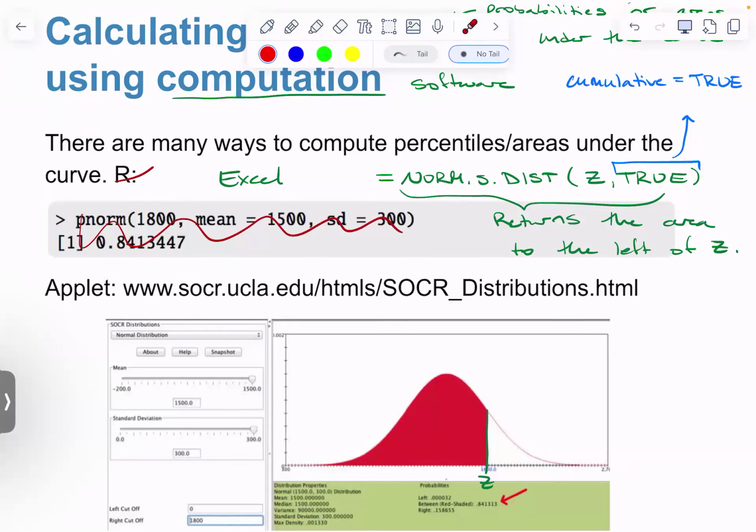So up to and including Z, which means the area up to and including Z from the left. Technically from negative infinity, but let's just say from the left.